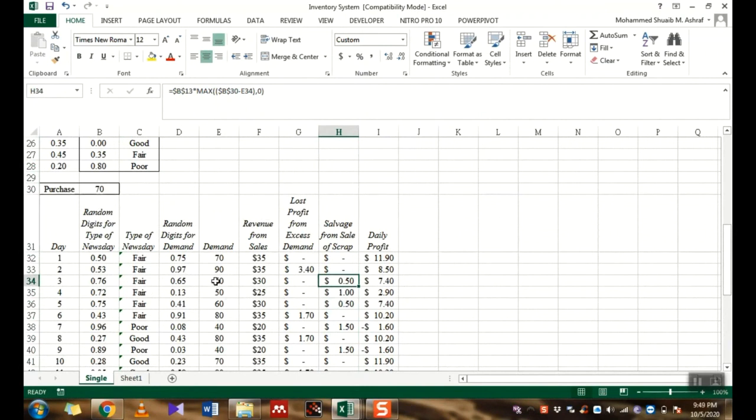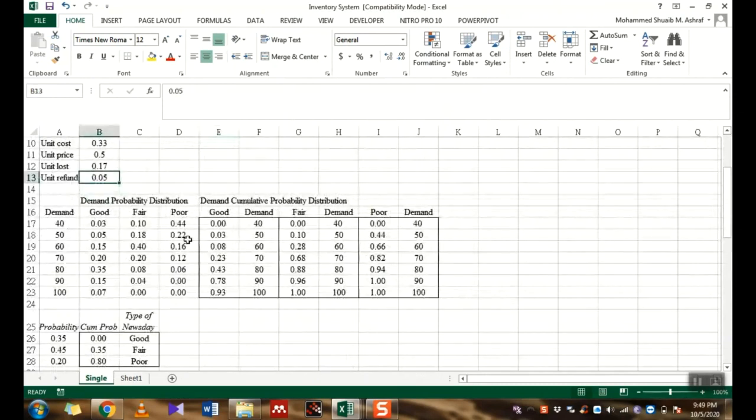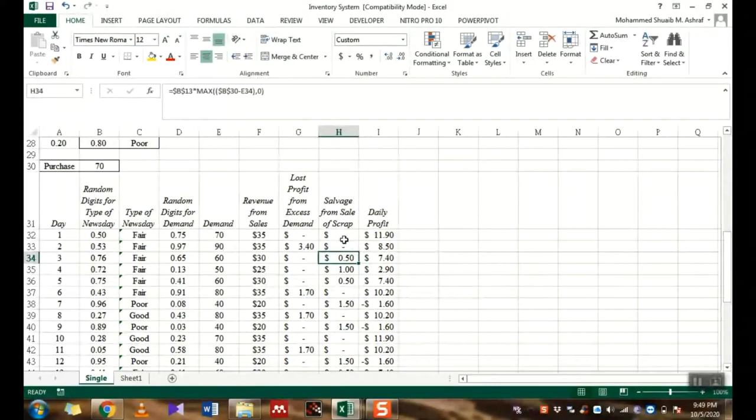On day third, the demand is 60, so at the end of the day, 10 papers will be left that will be returned at the rate of 5 halala, meaning 10 multiplied by 5 equals 50 halala. So this formula is being applied.